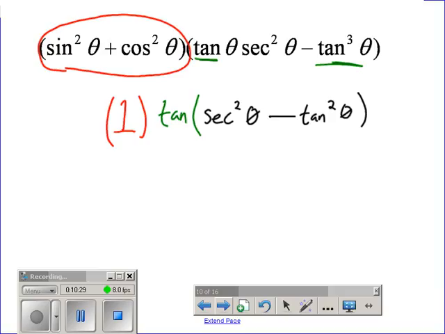Now again, see how we've got all tangents here? Tangent and tangent, but how could I rewrite this so that it also is a tangent? We go back to our Pythagorean identities, and we know that this is going to be tangent times 1 plus tangent squared theta, minus tangent squared theta.